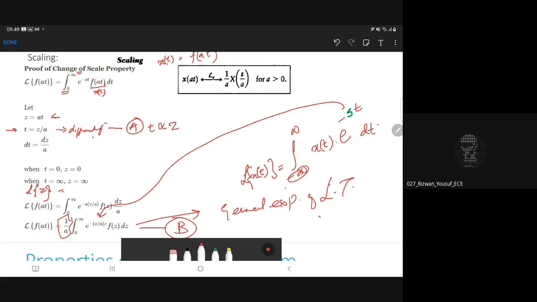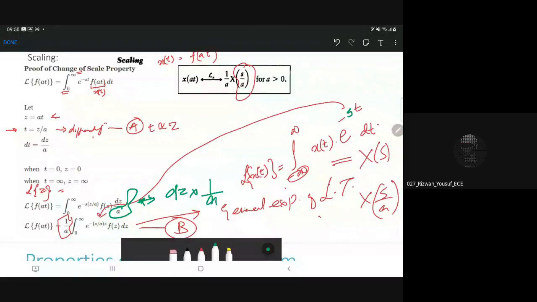So what you got as X(s), the Laplace transform of x of t, you will now get X(s by a), because you do not have s now, you have s by a. And where did 1 by a come from? 1 by a is taken out from here, because it was dz into 1 divided by a, that is dz by a. So 1 by a times X(s by a). I'll stop here. If anyone has any questions you can ask, otherwise I'll stop. Does anyone have any questions?